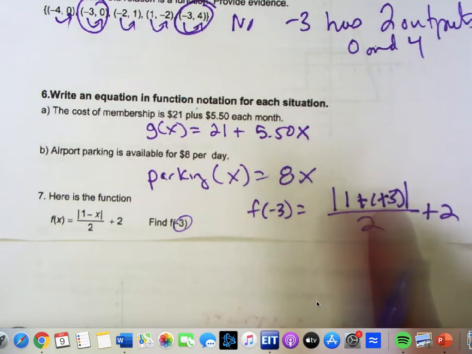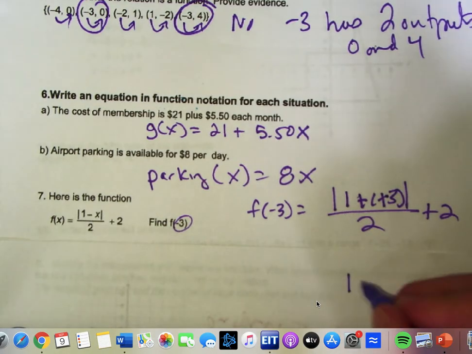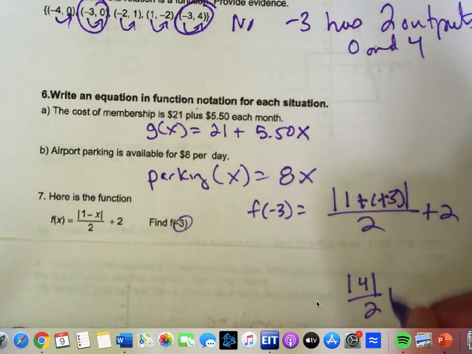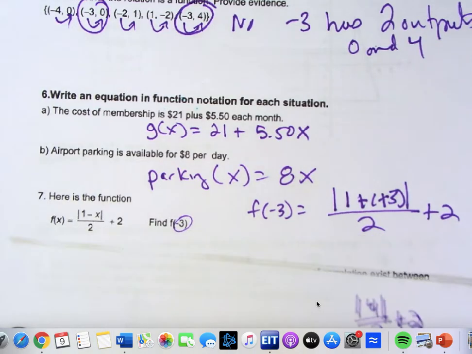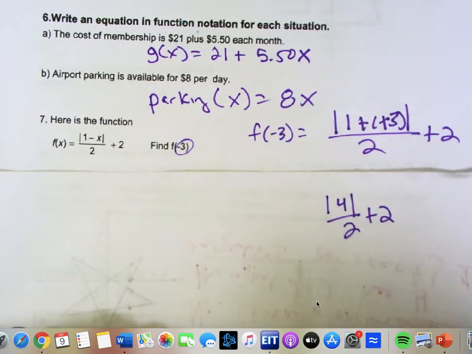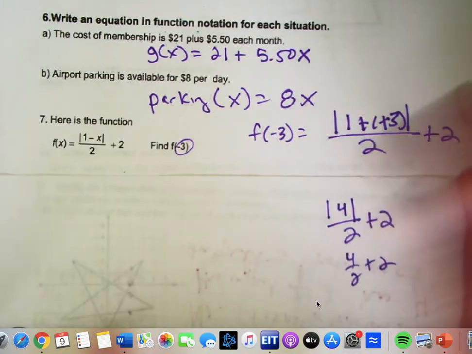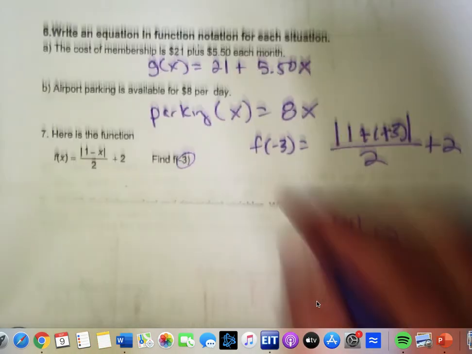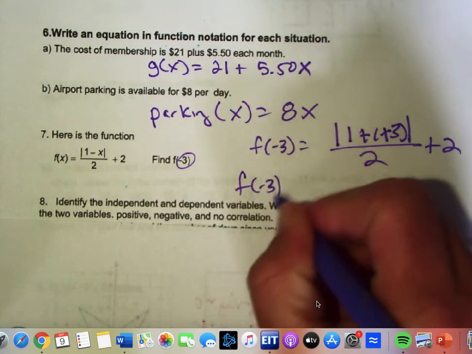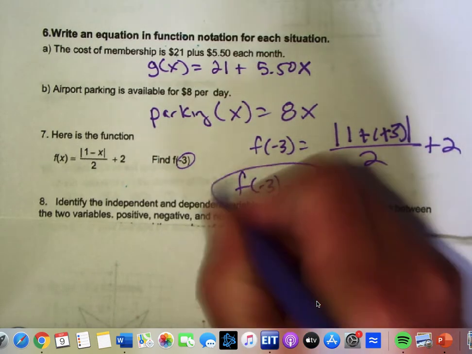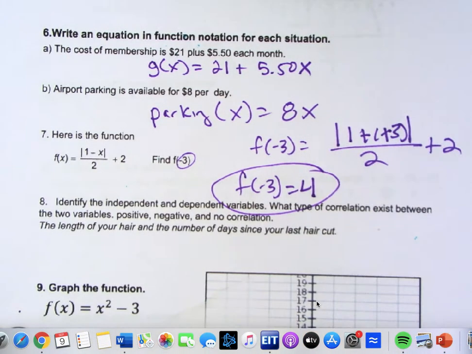So 1 plus 3 is 4. So the absolute value of 4 over 2 plus 2. And then the absolute value of 4 is 4, divided by 2 plus 2. Well, the answer is 2 plus 2, which is 4. So f of -3 equals 4, and that's your answer. Okay.